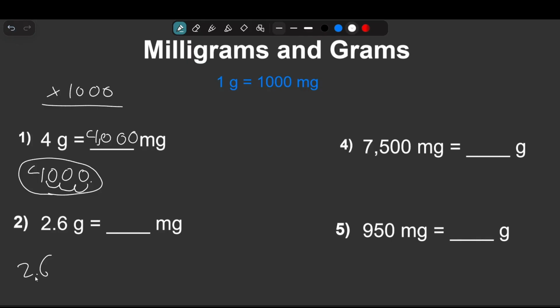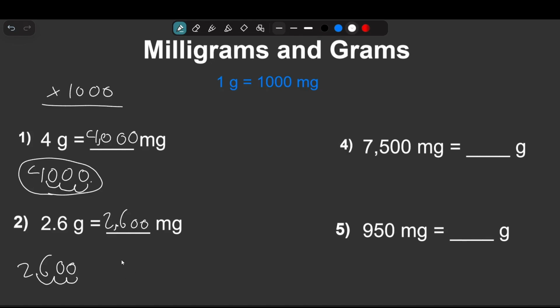So we're going to move the decimal 3 times to the right again. 1, 2, and 3. So now we're going to fill in our spots with zeros, and we have 2600 as our final answer.